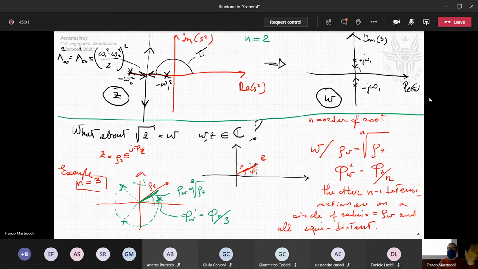I have written the situation for minus omega 1 squared, but we have the same, of course, for minus, I have made a very relevant error, excuse me. The other roots are one here, plus j omega 2, and the other is here, minus j omega 2, okay? And we are currently taking the square root of this number and the square root of this other number, okay?